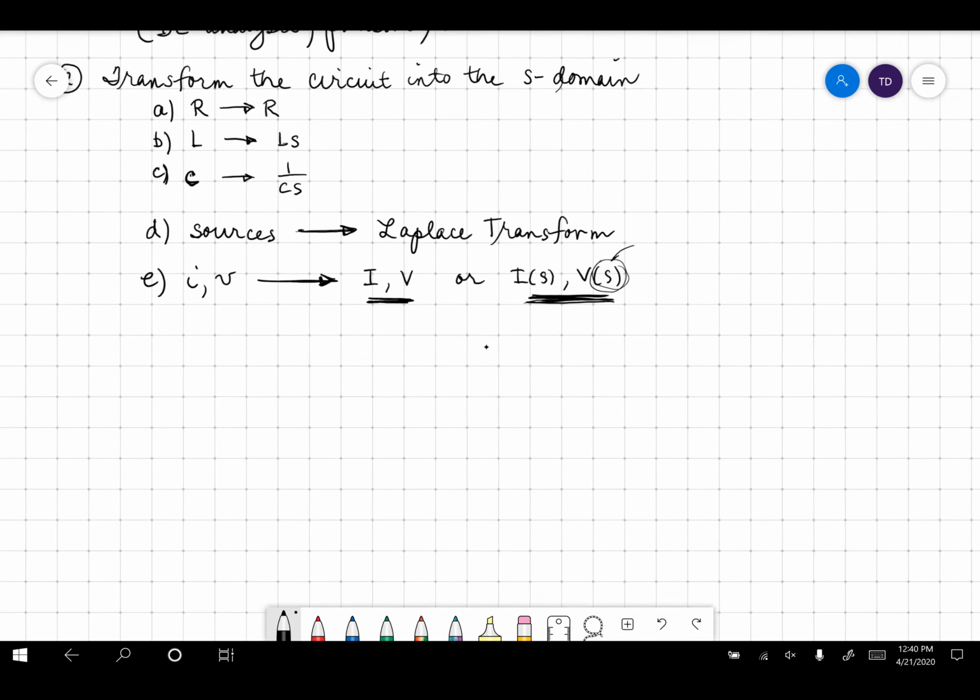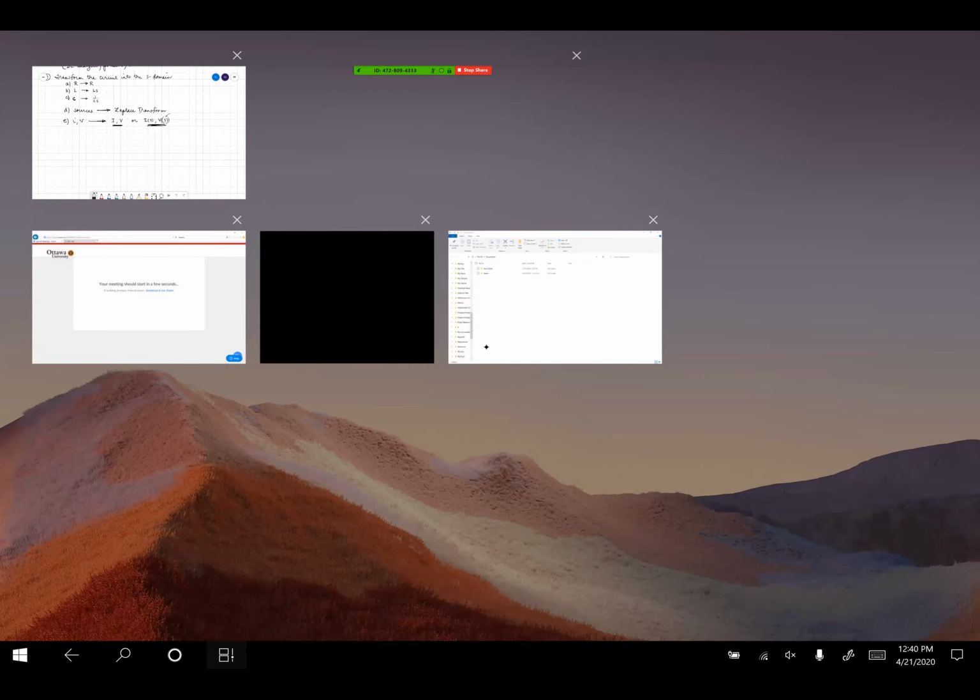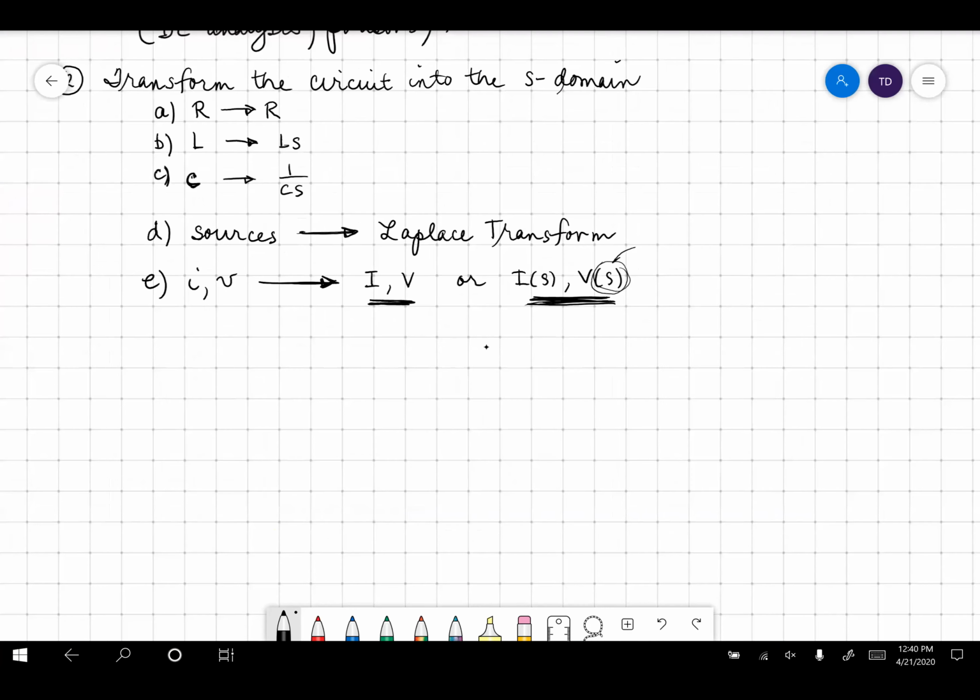Now, here, for these two, I'm just going to remind you that we might also need to also include the initial conditions.